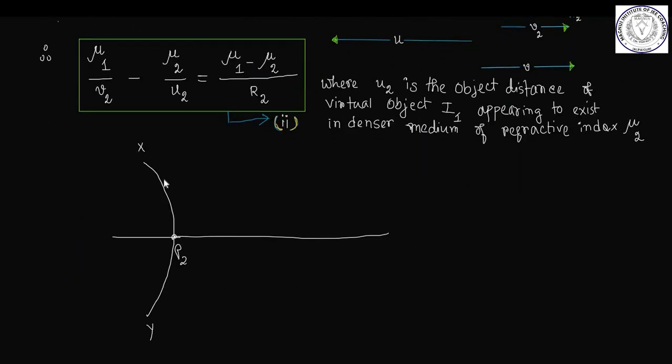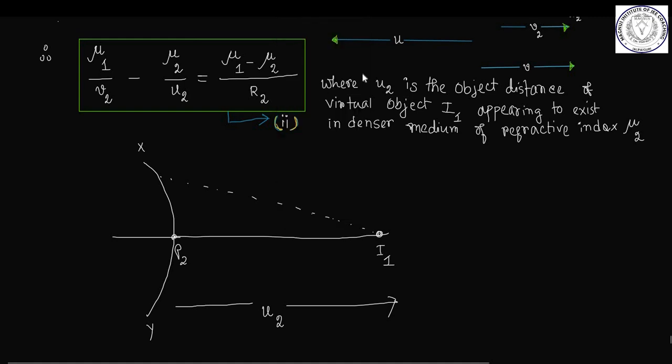Now we can consider the second refracting surface XP2Y, and the refracted ray AB will form the virtual object at I1 at a distance u2 from the second refracting surface. I1 is the virtual object existing in the medium of refractive index mu2, and u2 is the object distance of virtual object I1.